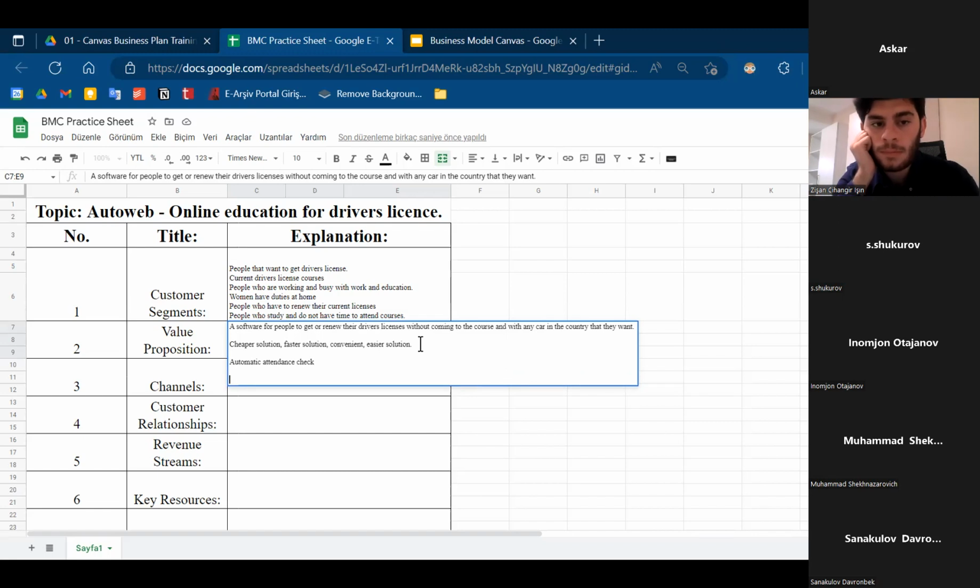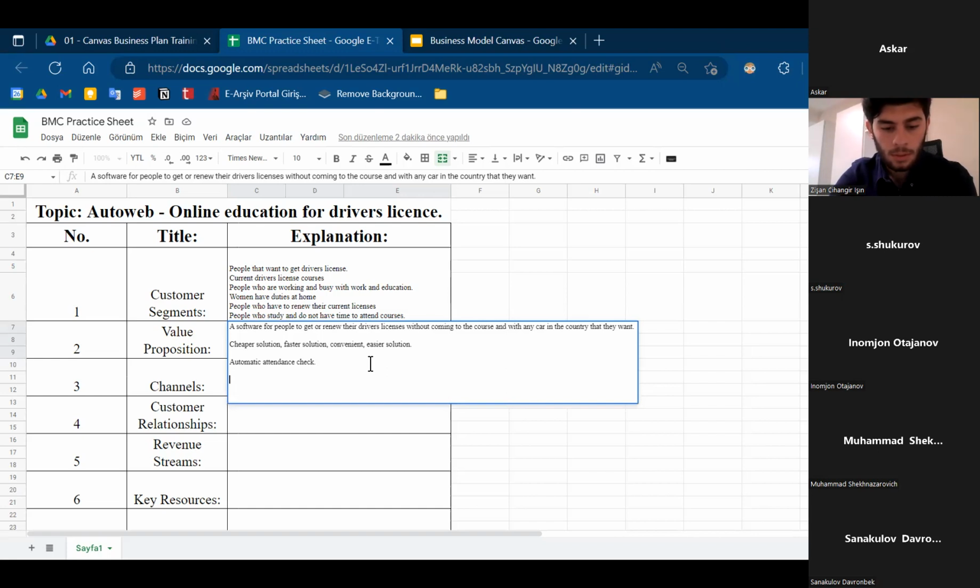Most people don't attend the classes, and after all they get this license, so we have lots of crashes and problems on the roads. So we can 100% guarantee that we will check your attendance. Okay, checking attendance of participation.